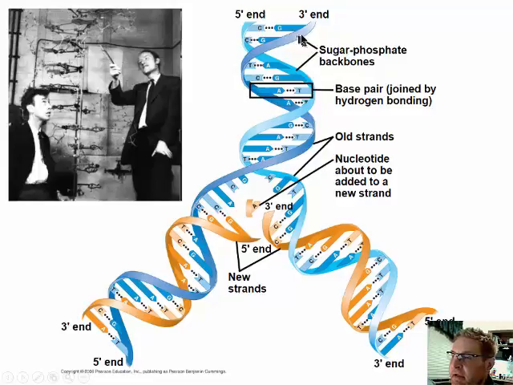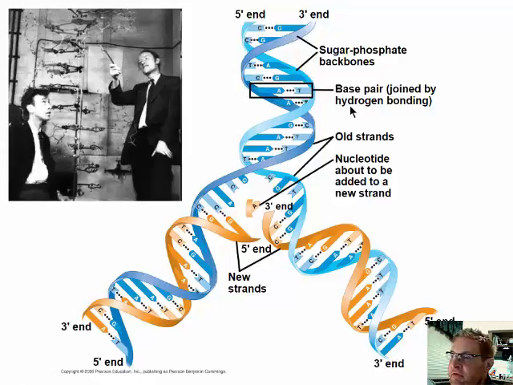And here's a cartoon of the DNA being replicated. You can see up here at the top, this is the unsynthesized part, where you have these ribbons on the outside, and that's called the sugar phosphate backbone. That phosphate group that I showed and that sugar are what's in these ribbons.